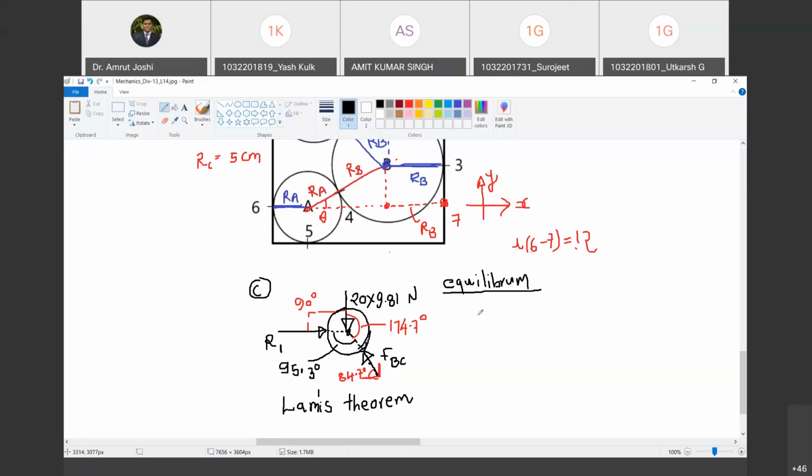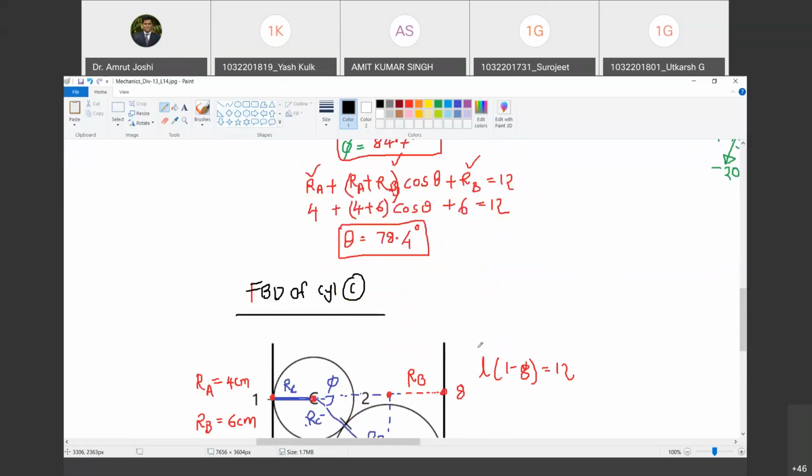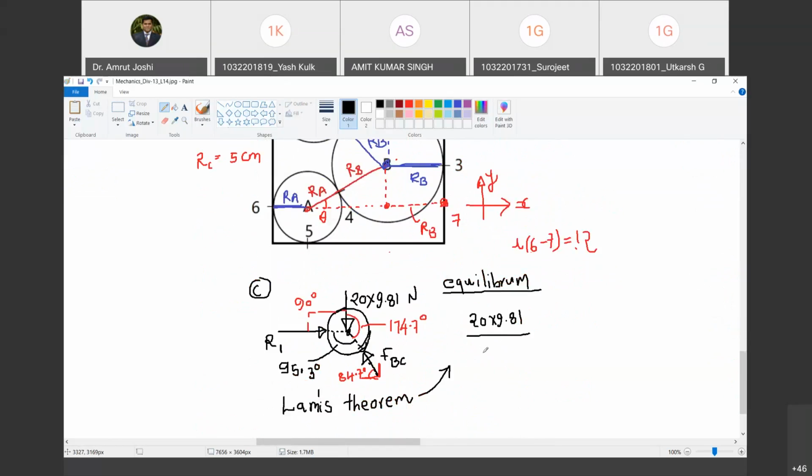Now, how does Lami's theorem work? How will its statement look? First we take the known force, so 20 into 9.81. Happy? 20 into 9.81, divided by, tell me, the angle between the other two forces, but not on the side of the force. So that angle is 95.3 degrees.